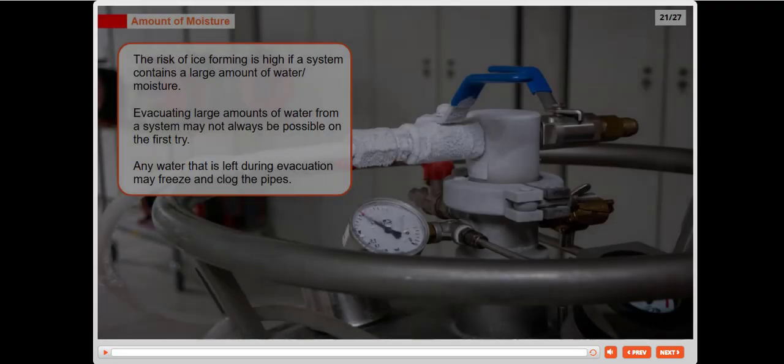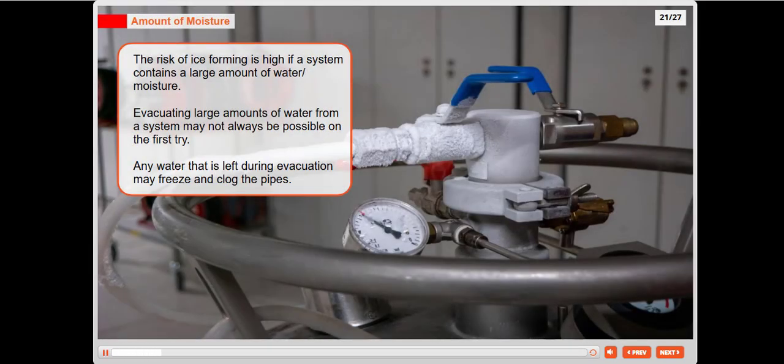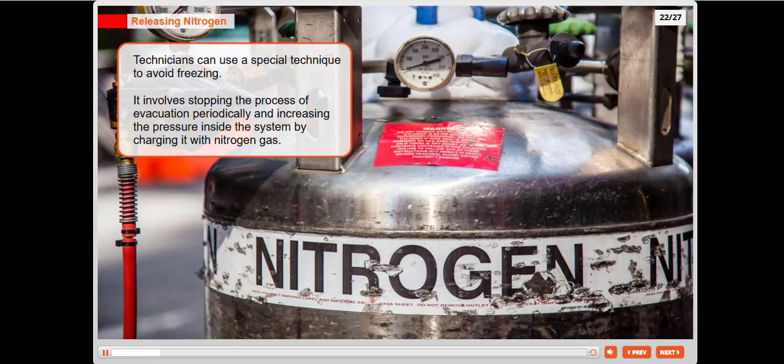The risk of ice forming is high if a system contains a large amount of water or moisture. Evacuating large amounts of water from a system may not always be possible on the first try. Any water that is left during evacuation may freeze and clog the pipes. Technicians can use a special technique to avoid freezing.